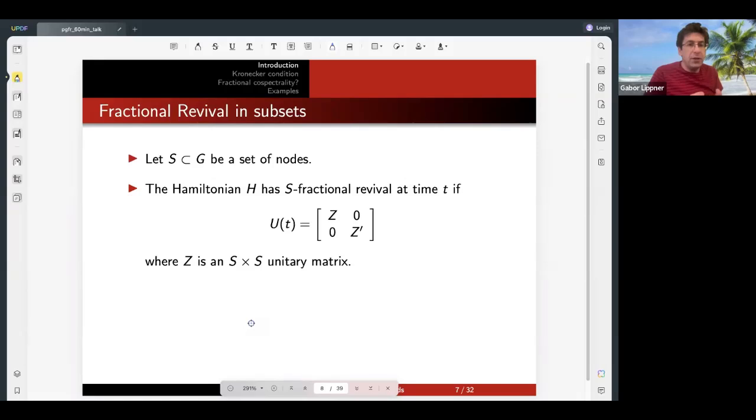Because once you realize that you're only asking for this block diagonal structure, well, there's no reason to insist on one of the blocks being a 2x2 block. You could fix your favorite subset of nodes and then ask for the matrix to have this kind of block diagonal structure, where now this Z is this S by S submatrix.